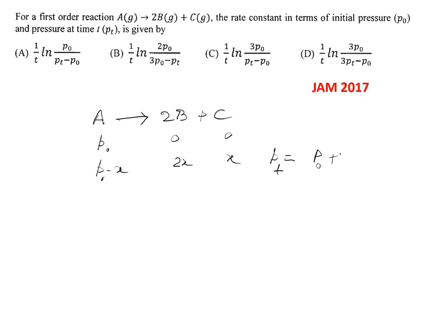So from here you can evaluate X actually. X is PT minus P0 by 2.